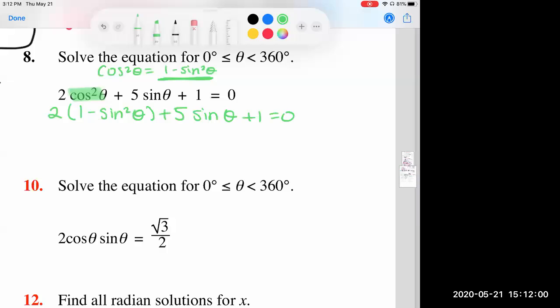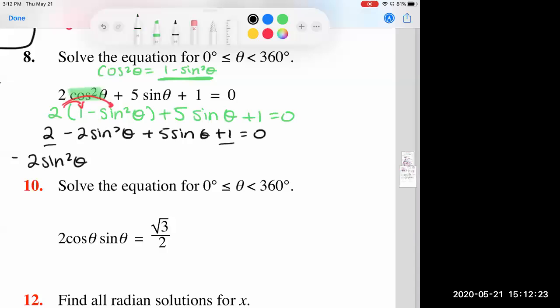All right, now I'm left to distribute that 2. So that I have 2 minus 2 sine squared theta plus 5 sine theta plus 1 is equal to 0. Combine like terms, I can go ahead and add that 2 and that 1. So I have negative 2 sine squared theta plus 5 sine theta plus 3 is equal to 0.